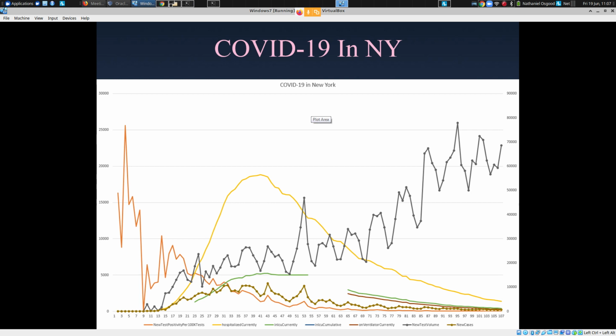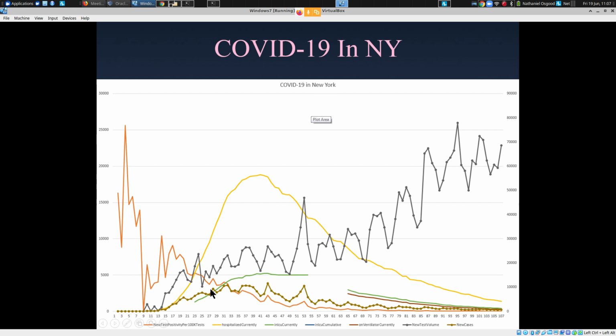Take COVID-19 in New York, for example. Here we had, over time, some number of cases. Those are the brown shown here. Those are the number of new cases per day. You see that it went up, plateaued, and came down. Not unlike those curves we saw just minutes ago. Beyond this, we have a graph of hospitalized, obviously on a different scale.